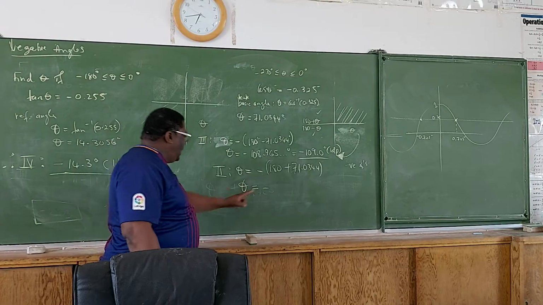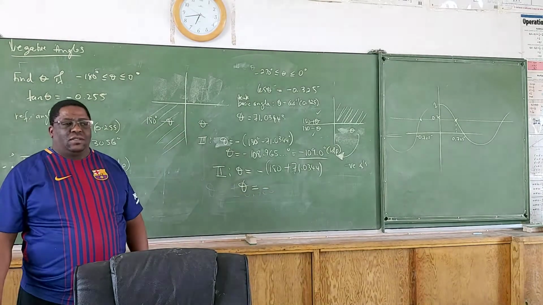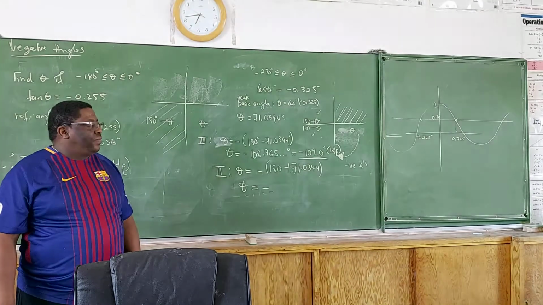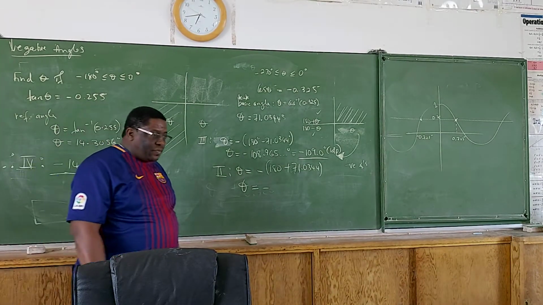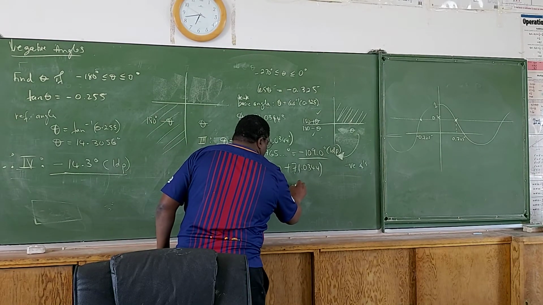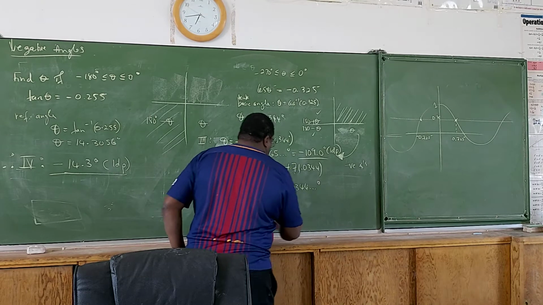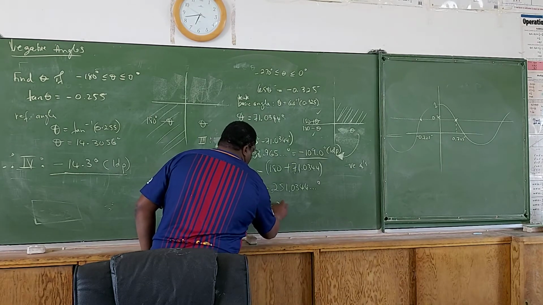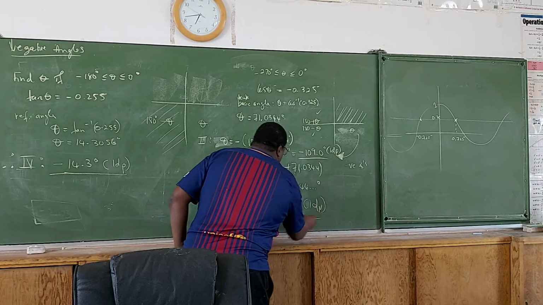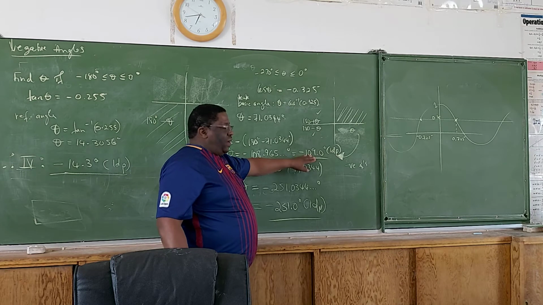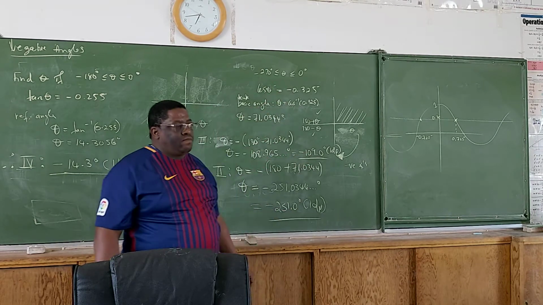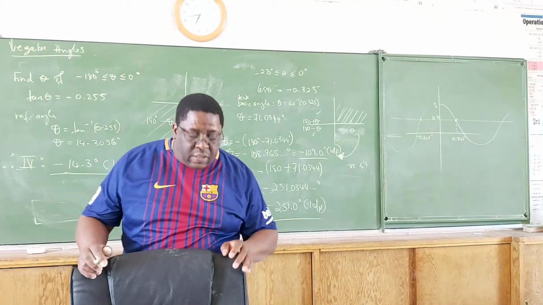Now give me this one here. It should be minus 200 and something, which gives you what to one decimal place? Now let's check. Are negative 109 and negative 251 within our limit? So those are the solutions.